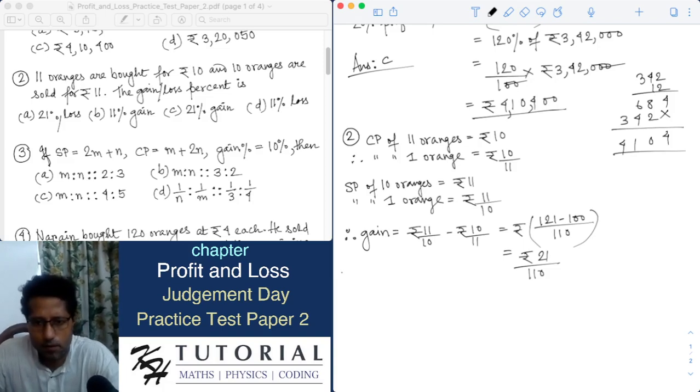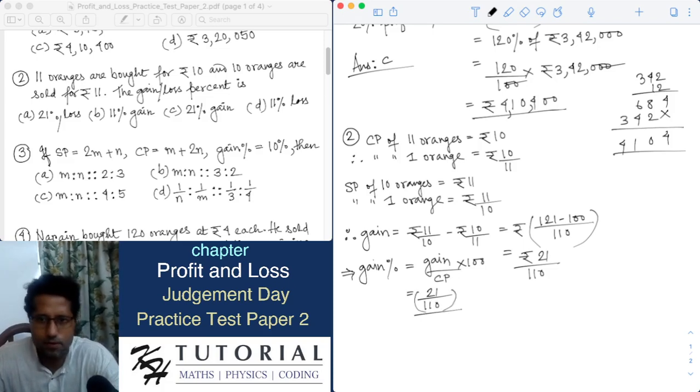Now this implies gain percent equals gain divided by cost price, that is the cost price of one orange. This gain is also the gain on one orange. So gain divided by cost price into 100. Gain is 21 by 110. Cost price is 10 by 11. This into 100. This much percentage.